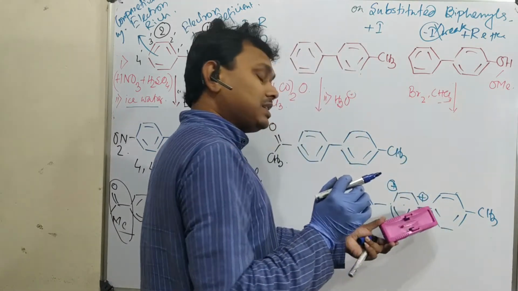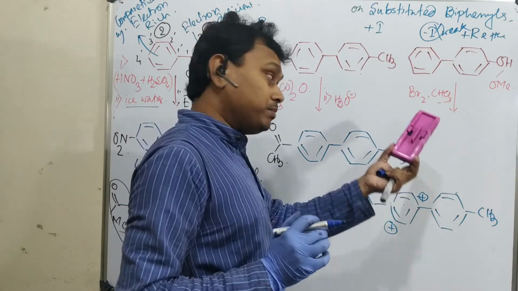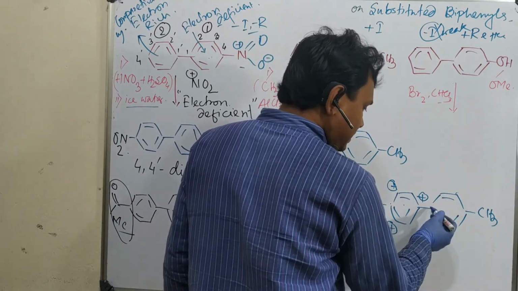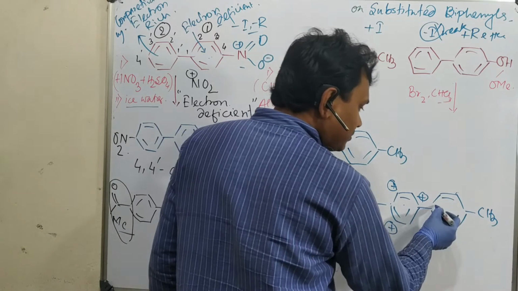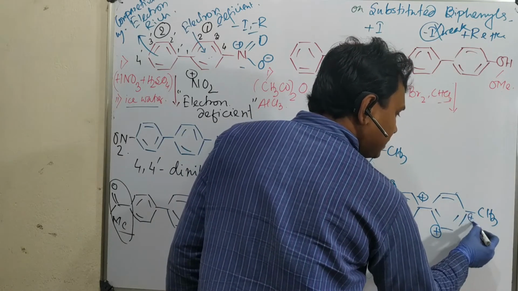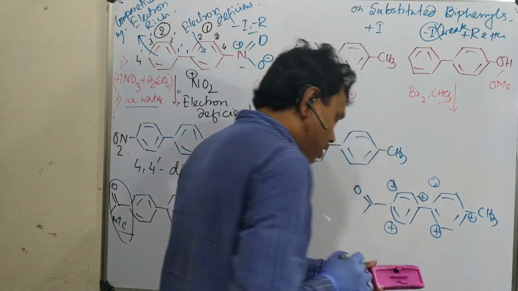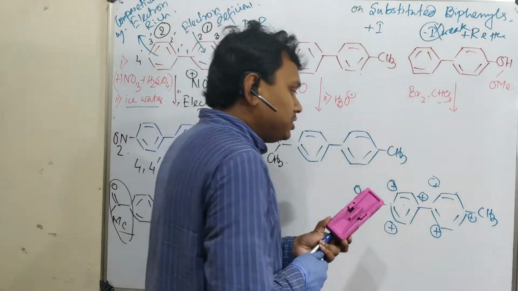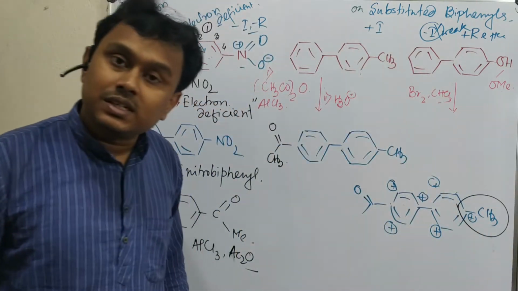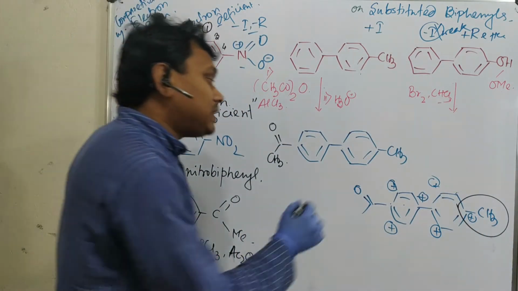If you can't understand, please go back to the first part and come here. Okay, so after that, when it is here, then it will participate. So plus charge will come here, here, here. And now focus. That methyl group is also capable of donating here compared to that. So that is the reason.